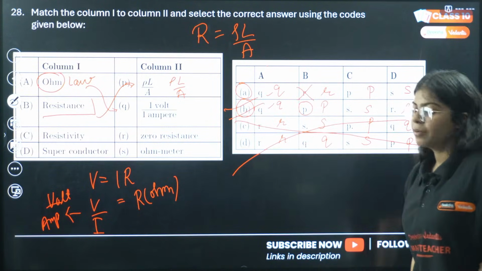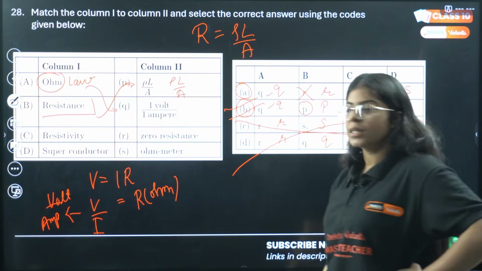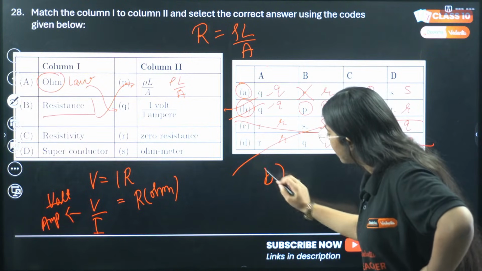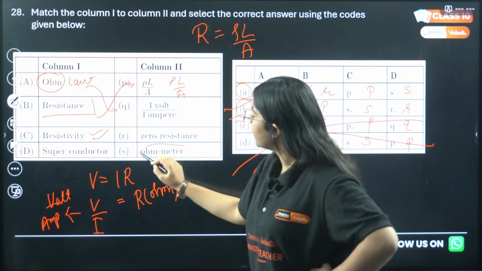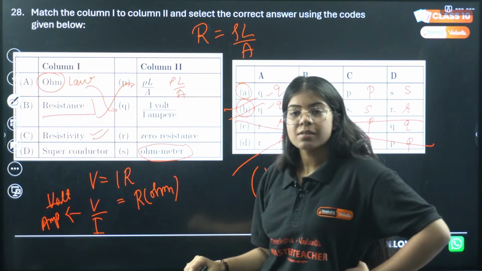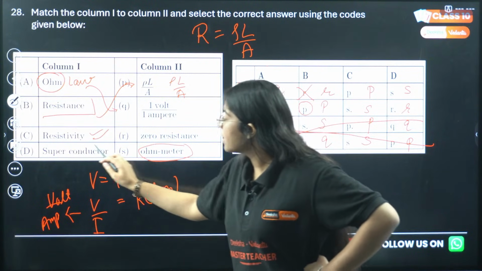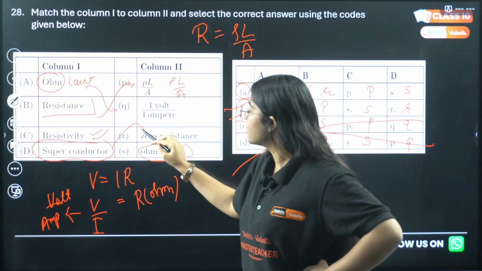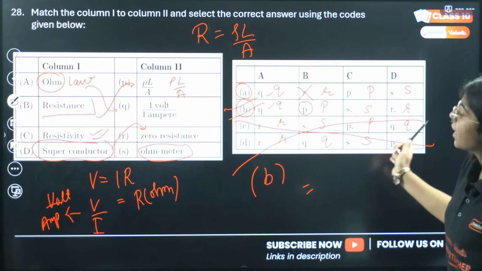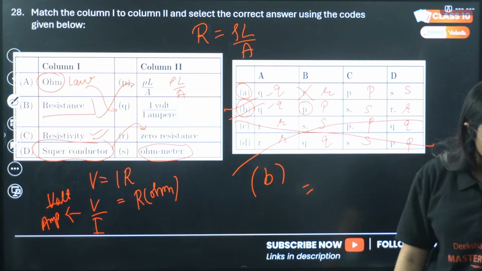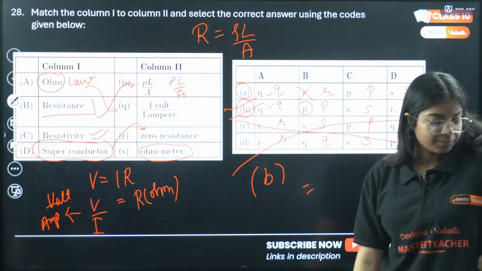You don't even need to check the other ones. And if you want to check, resistivity is what? Ohm meter. The unit of resistivity is ohm meter. And superconductors, we know they have zero resistance. So B is true. S and R. B is the correct answer.